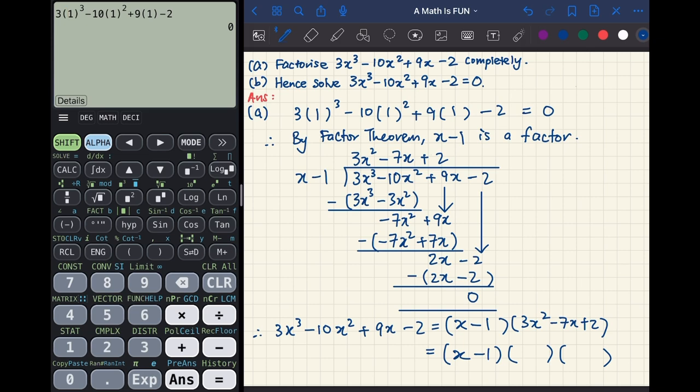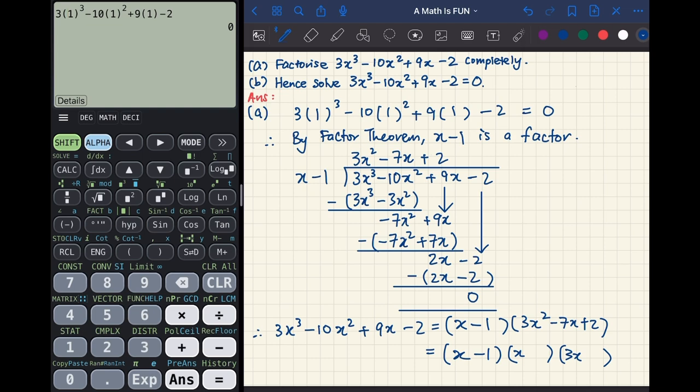Of course we can also further factorize this using whichever method you prefer. I'm going to use a quick method here. So x times 3x gives me 3x squared.